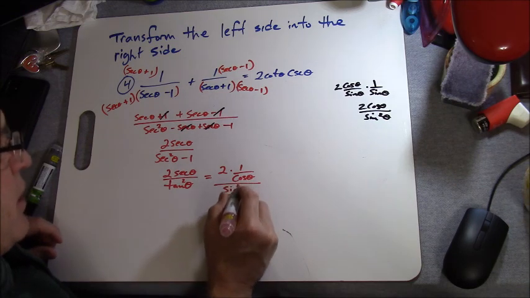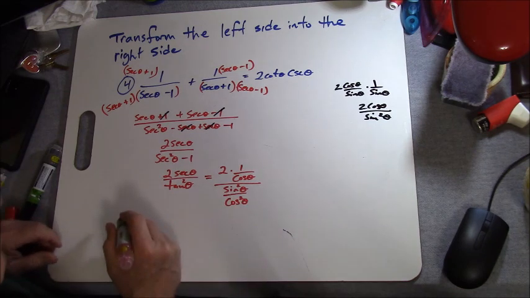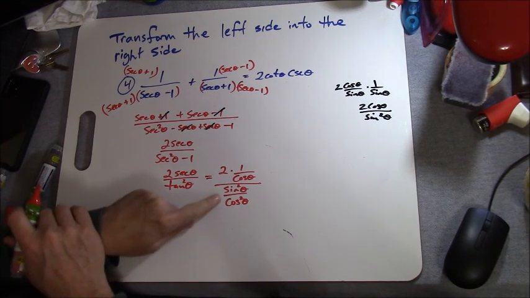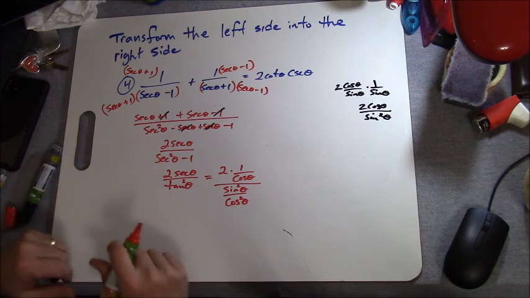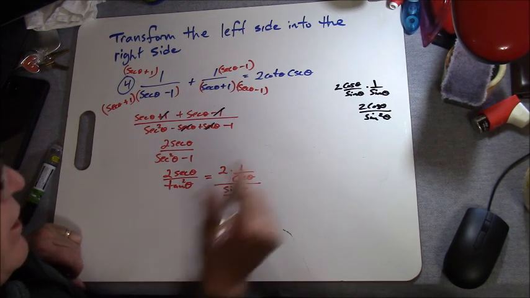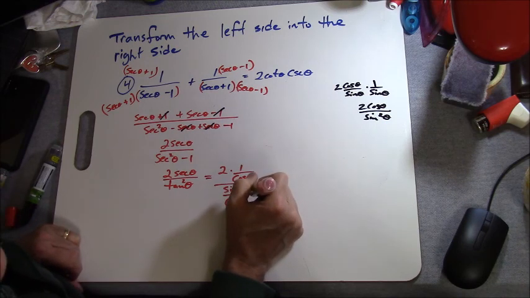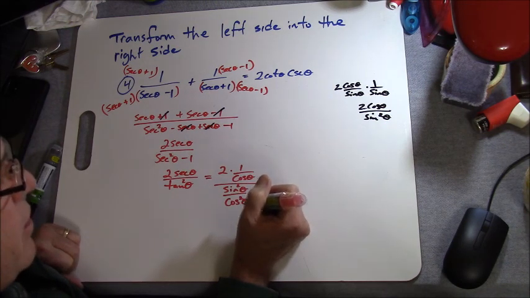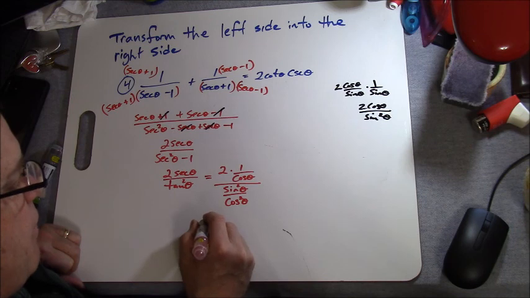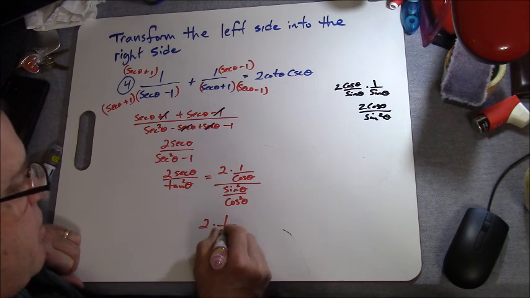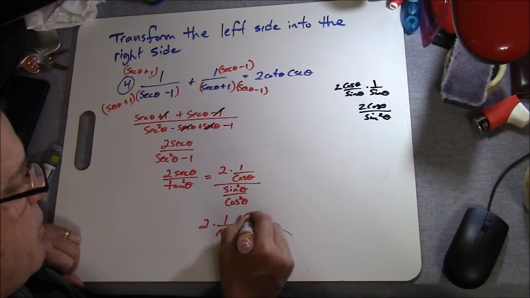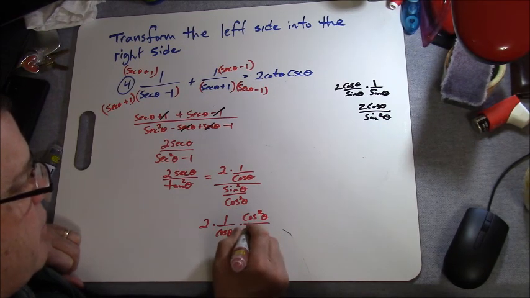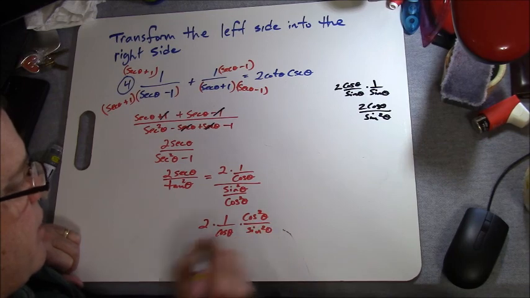So this should be sine squared theta over cosine squared theta. And then to divide by a fraction, I would just flip it over and multiply. Now somebody could think to themselves, wouldn't I just multiply by the least common denominator again? And yeah, you could do that. They both accomplish the same thing. I've got 2 times 1 over cosine theta times, I'm going to flip this over and get cosine squared theta over sine squared theta.